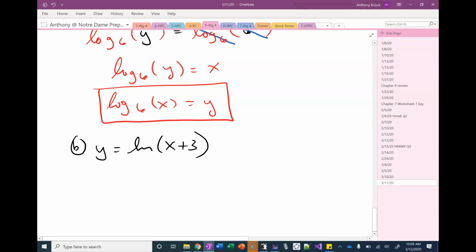Here we have the equation y equals the natural log of x plus 3. Remind me again, what is the base for the natural log? What was that? Not 10.